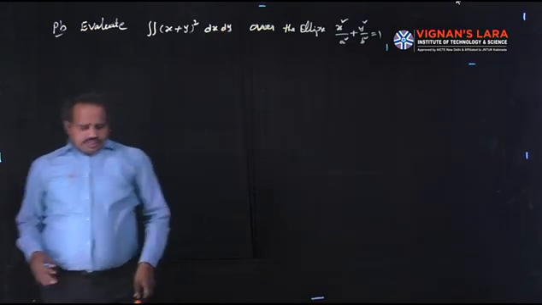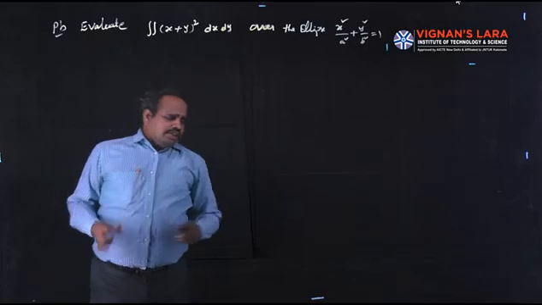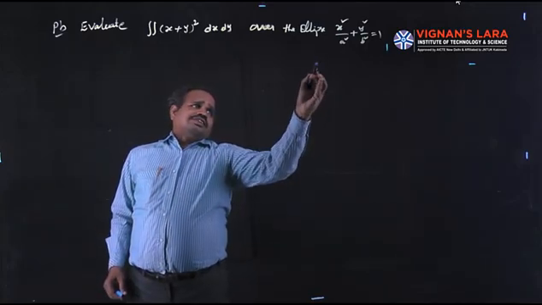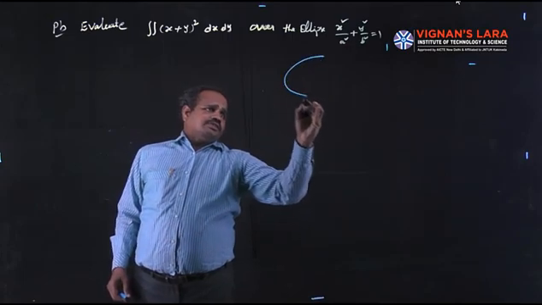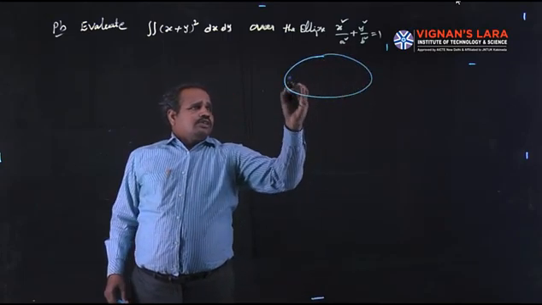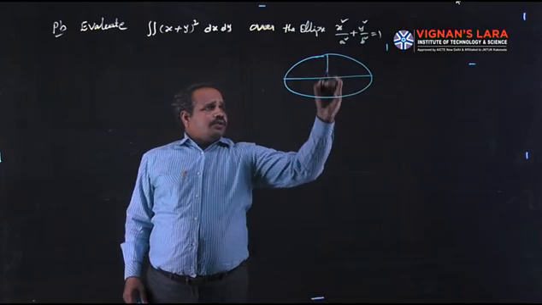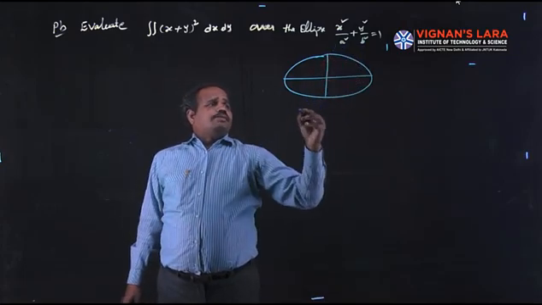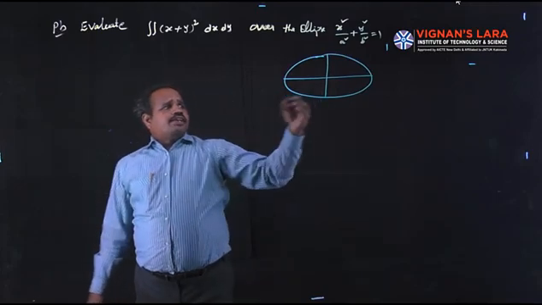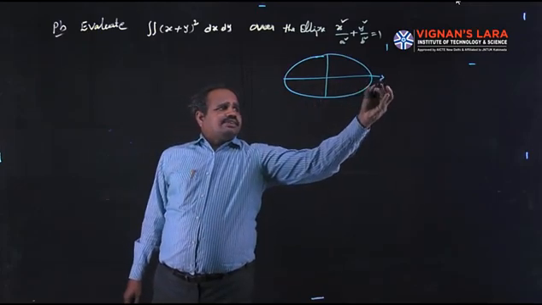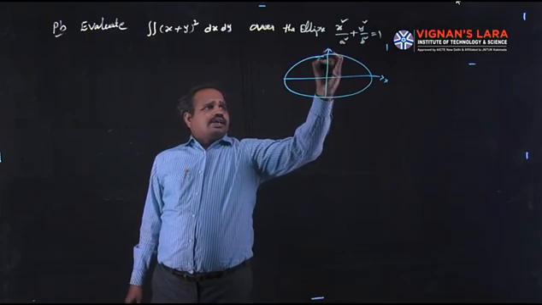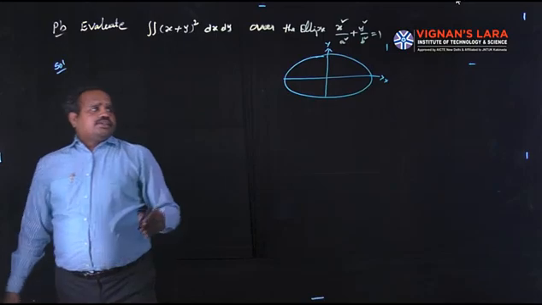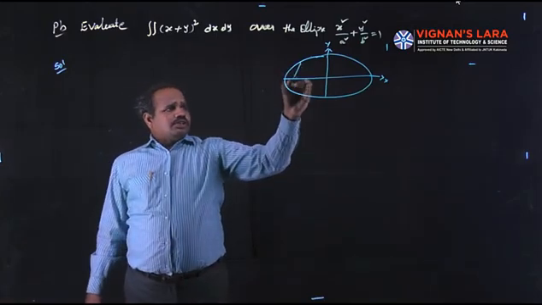So in this, if you are observing the equation, this is an ellipse equation. Over the ellipse we have to calculate, and here given x limits and y limits. If this is the x-axis and this is the y-axis, then the ellipse means this is the total region.